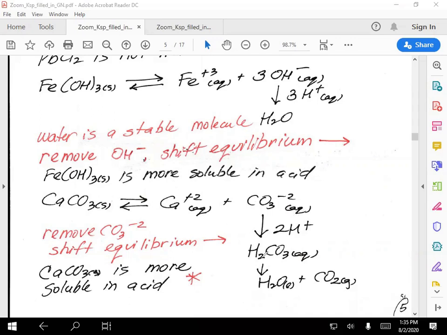You should remember from your prior chemistry classes that carbonic acid spontaneously decomposes to give you water and carbon dioxide. So you are removing the carbonate, which means you are shifting the equilibrium towards products, which means the calcium carbonate is more soluble in acid.